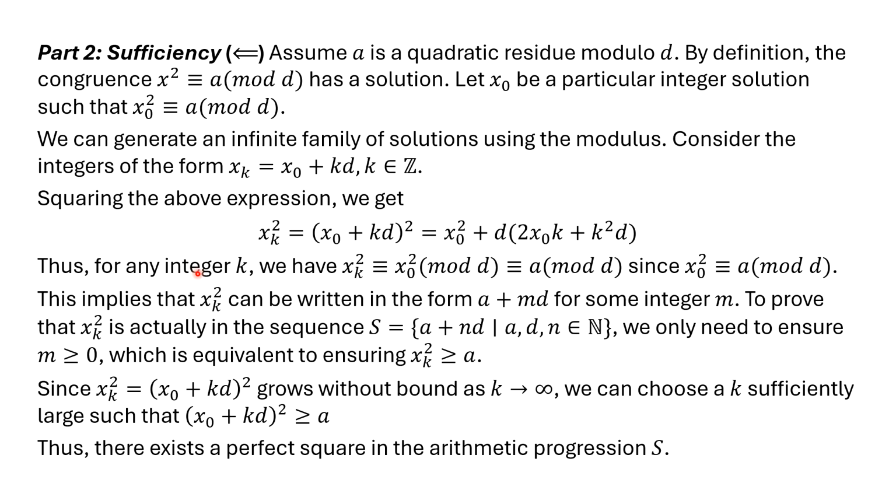Thus, for any integer k, we have x sub k squared is congruent to x sub 0 squared mod d, and we know that's congruent to a mod d from what we have up here.